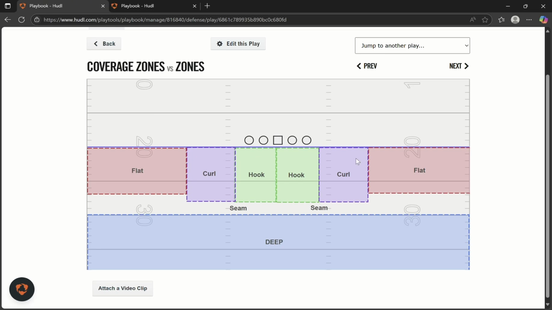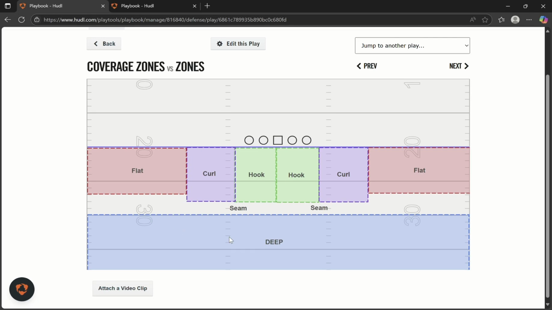All right, now the deep zone. I've got one big zone on here, but it depends on the coverage how many times this deep zone can get split. It's not just one big zone unless we're in a cover 1.